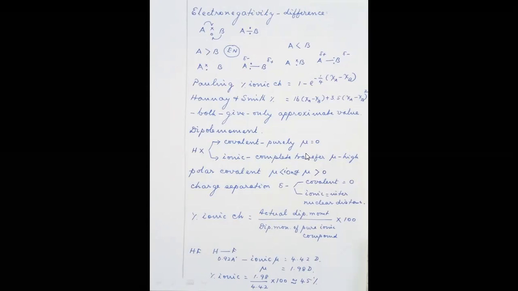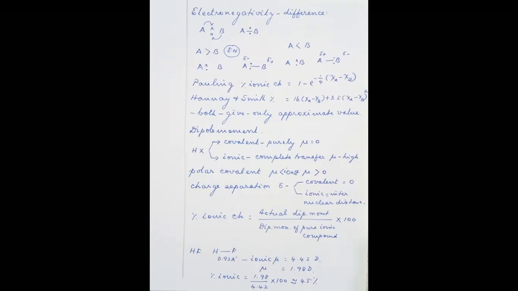The purely covalent compound shows zero dipole moment; a completely ionic compound, with charges attached together, shows very high dipole moment, because dipole moment itself is the charge multiplied by the distance of separation. The distance of separation of the charge is as much as the bond length or the internuclear distance in the case of an ionic compound. That is why the dipole moment is found to be very high.